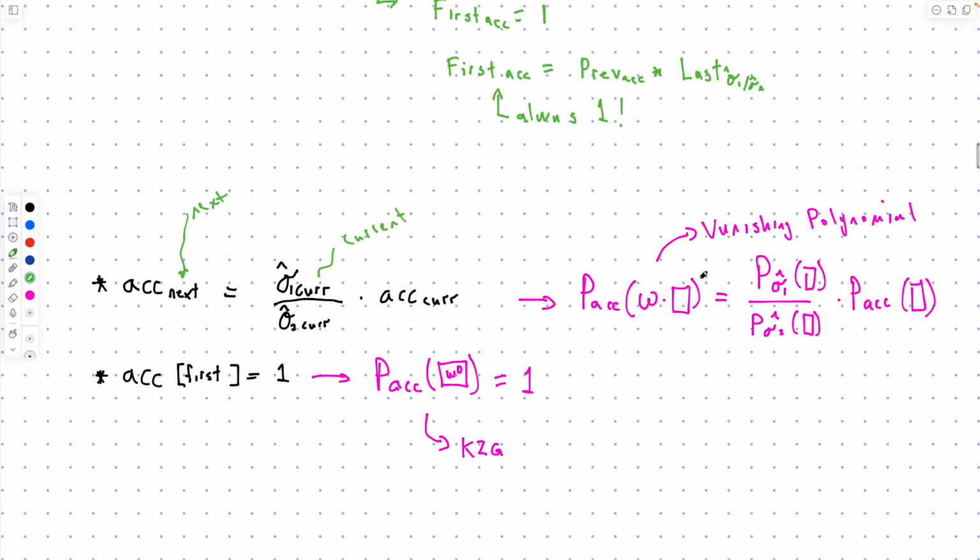And because we have this relationship of polynomials, we're going to do the same thing that we did earlier, which is move everything to one side and set it equal to 0, which is called a vanishing polynomial. Then we prove that it's a vanishing polynomial by showing that it evenly divides what we know to be a vanishing polynomial, and it gives a quotient, which is also a polynomial.